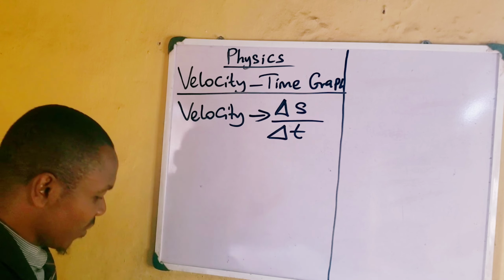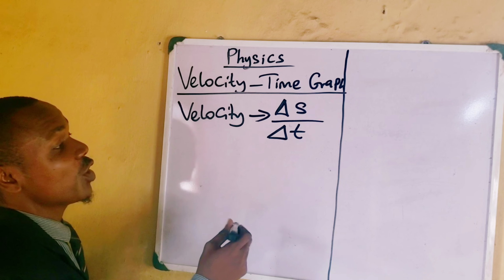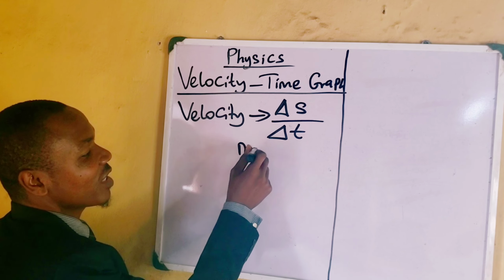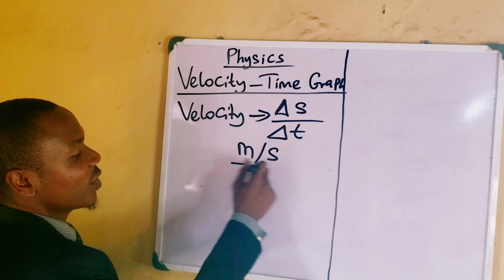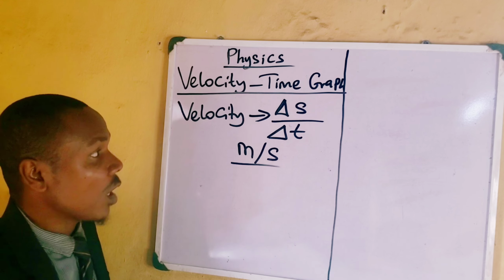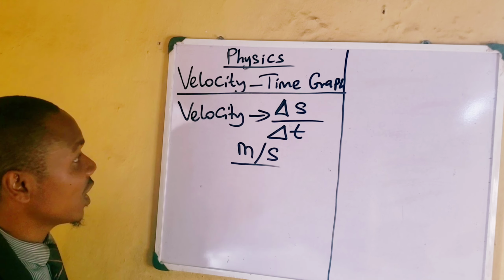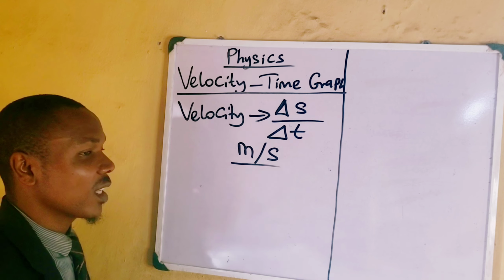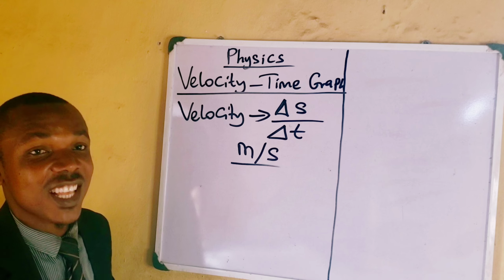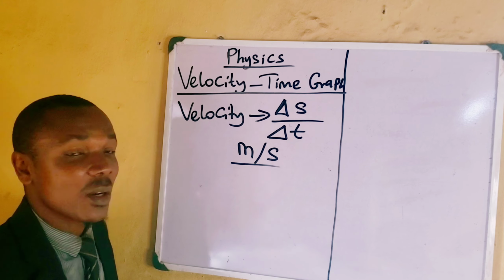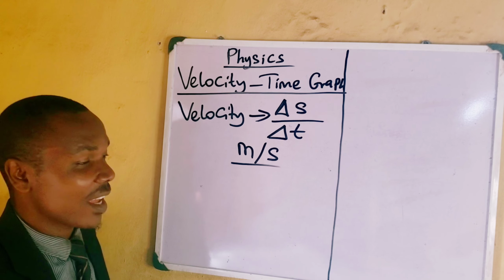That will give us velocity. The standard unit of velocity is meter per second, although you may have some other unit like kilometer per hour and so on. Velocity is a vector quantity in the sense that it has both magnitude and direction.